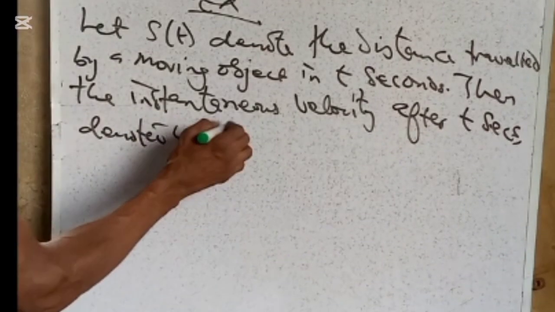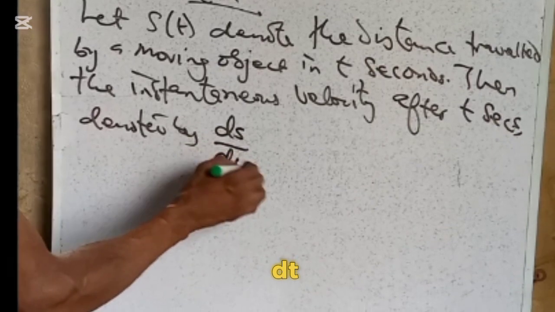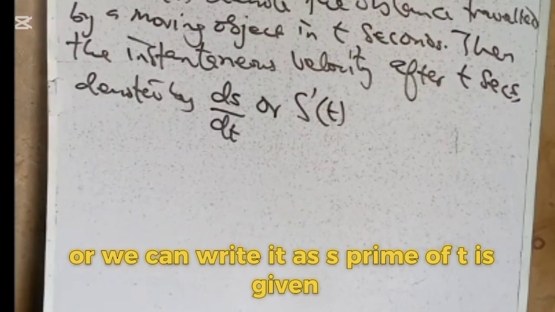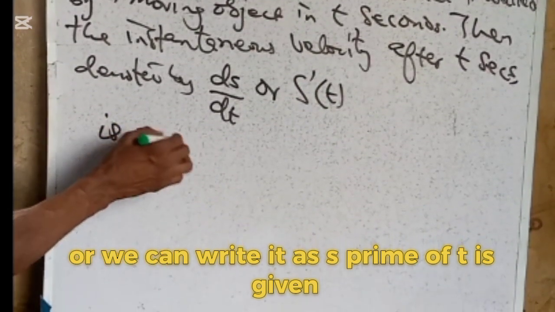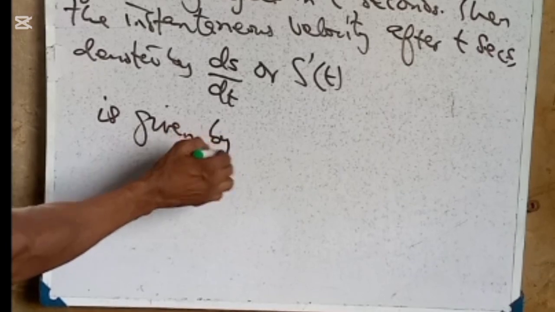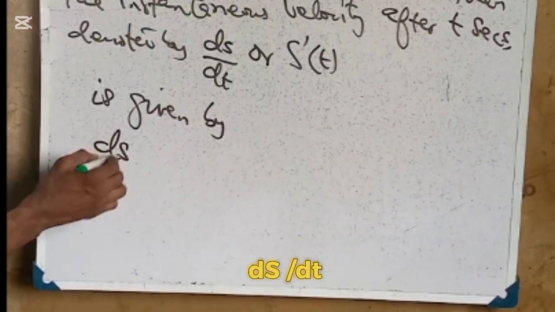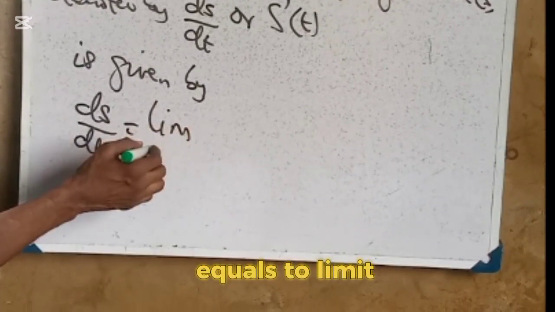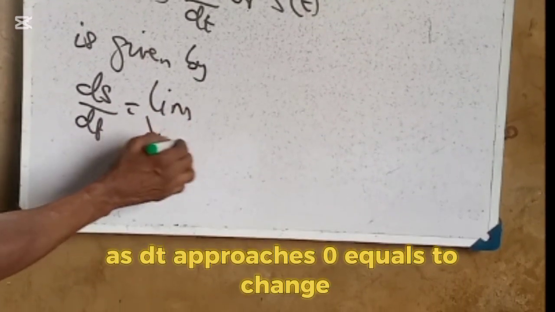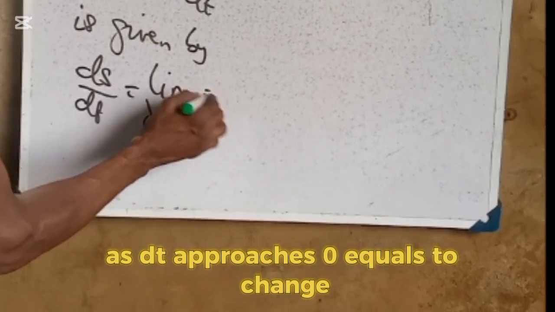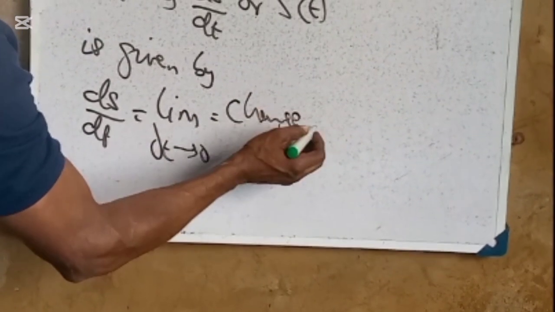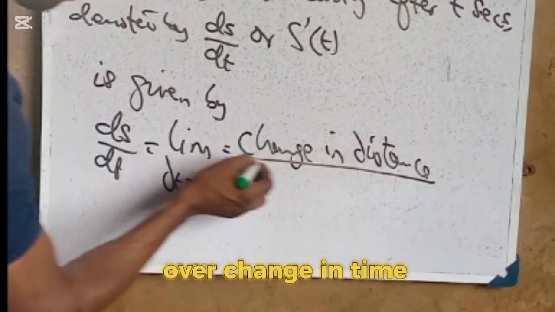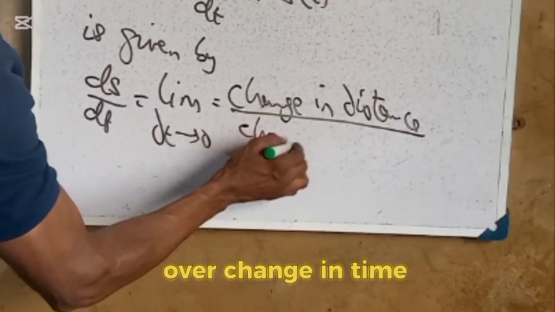s prime of t, is given by ds/dt, equals the limit as delta t approaches 0 of the change in distance over the change in time.